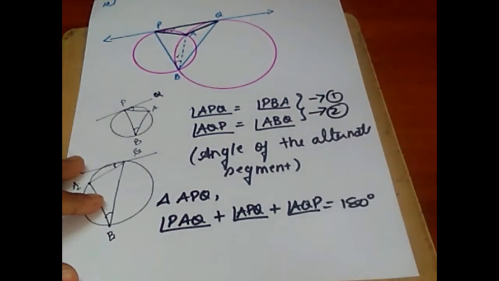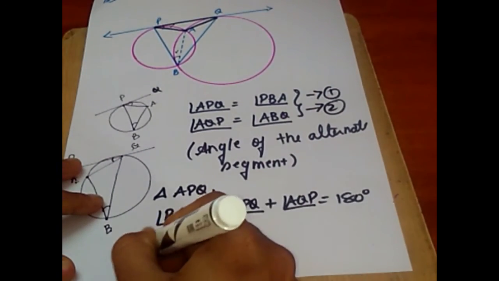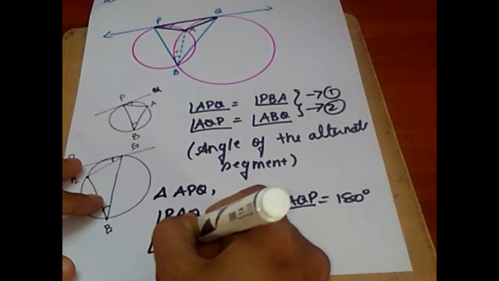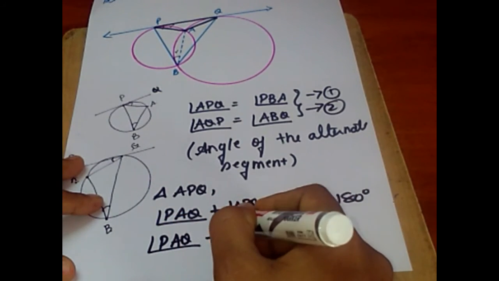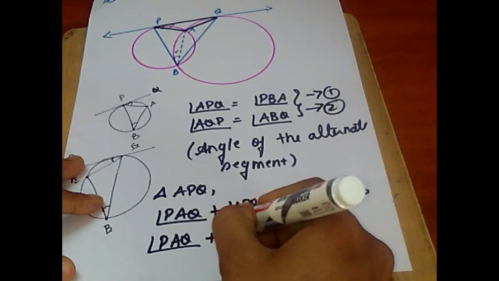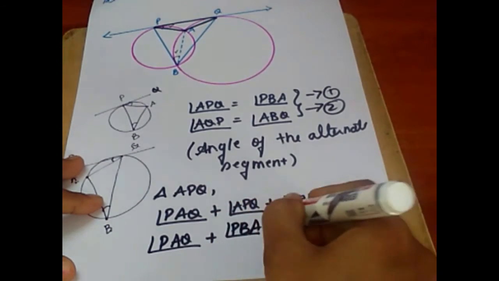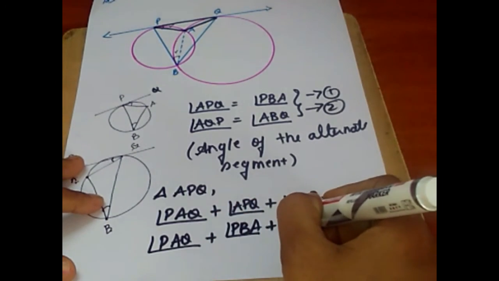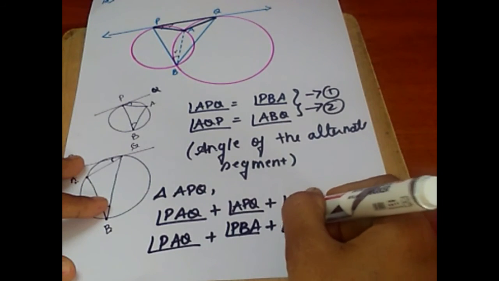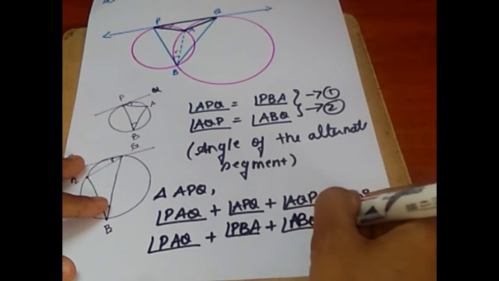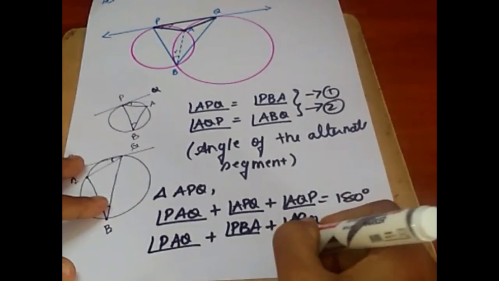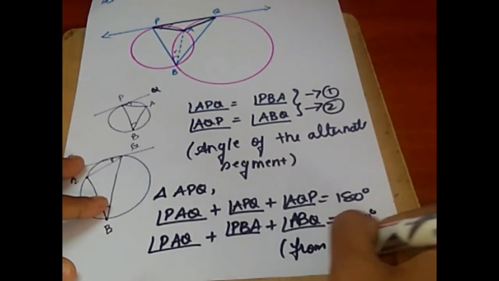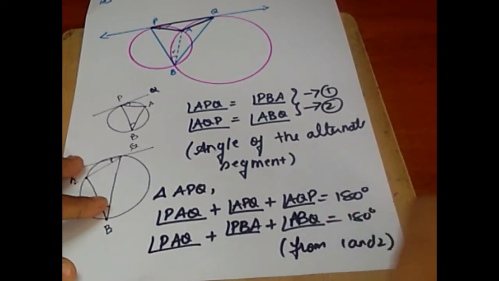If you observe results 1 and 2, let angle PAQ stay as it is. APQ is nothing but PBA, AQP is nothing but ABQ, which is equal to 180 degrees from 1 and 2.